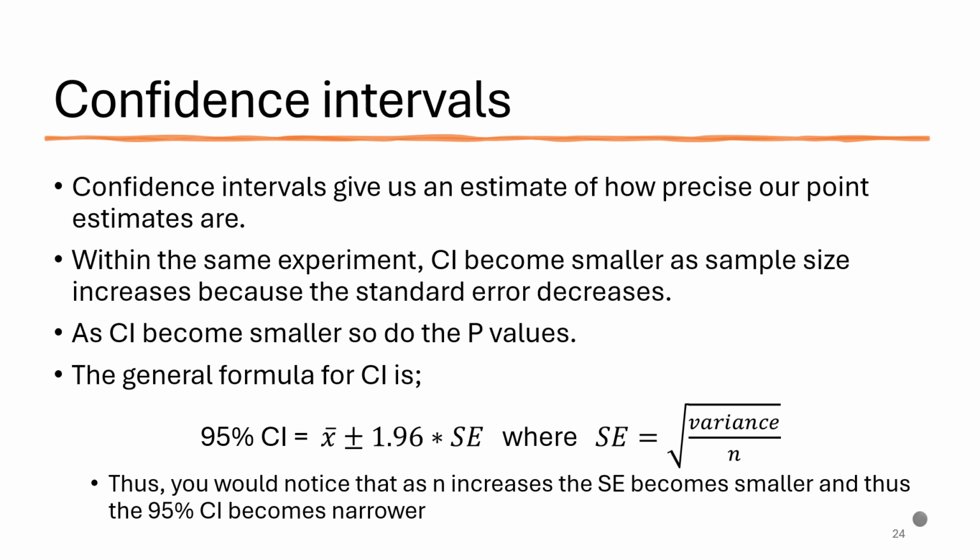The general formula for a confidence interval, and in this case, let's say a 95% confidence interval, is x bar, the sample mean, plus or minus 1.96 times the standard error. The 1.96 is not just an arbitrary number that I picked from my head.